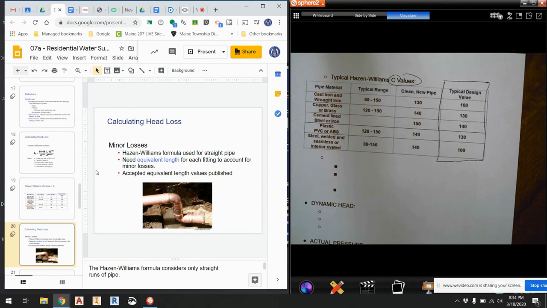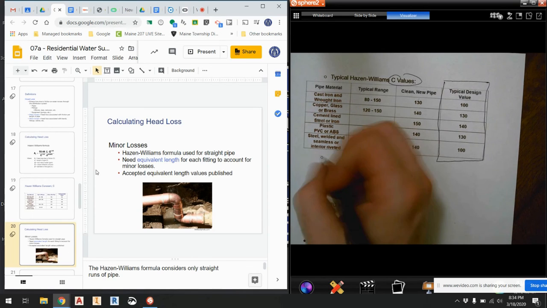But we know that water doesn't travel in straight lines. Water travels in all kinds of twisty, turny ways. Usually the water lines follow the roadways, so you can follow probably a grid pattern of how the water actually gets to your house. So what we need to do is calculate this whole thing as if the water were in a straight line.